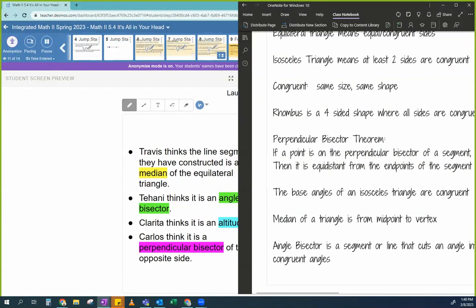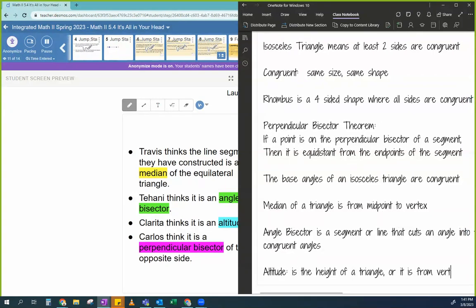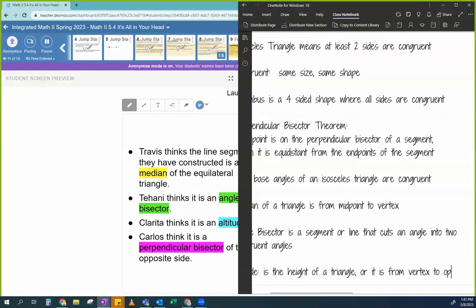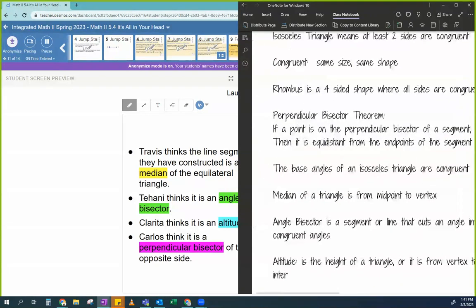An altitude is the height of a triangle, or it is from vertex to opposite side, intersecting at a right angle.